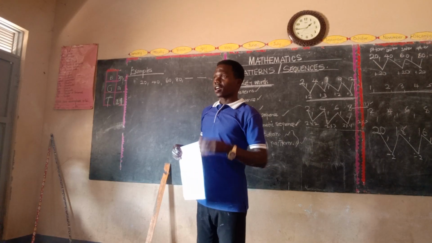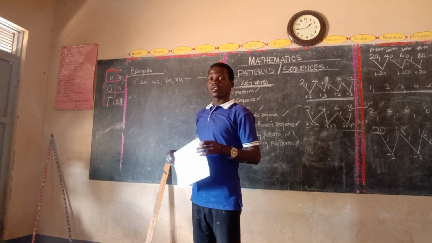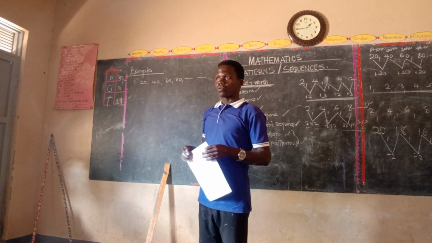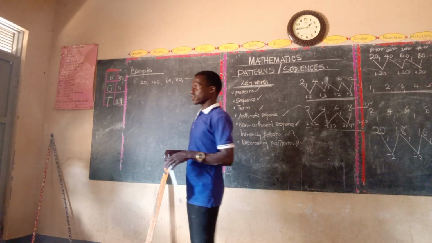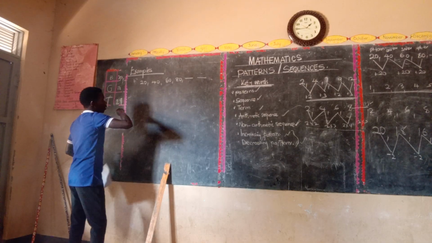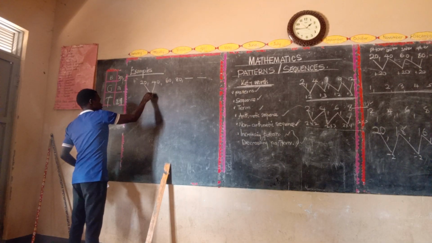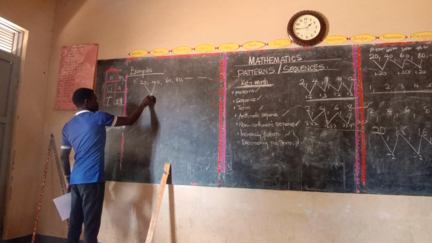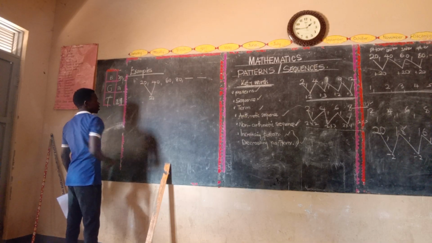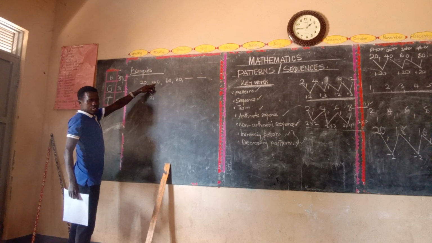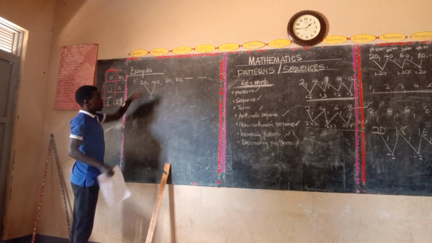To get the missing terms in any series, we need to first obtain the relationship between the numbers. So when you look at 20 and 40, we try to get the difference between the terms. 40 take away 20, the answer is 20, meaning it was 20 plus 20 that gave us the next term, which is 40.